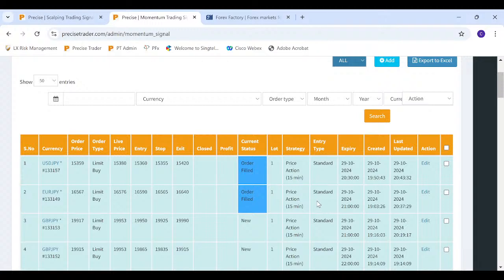Now let's see your euro yen. Since the euro yen is coming off, we got to see whether we need to adjust any levels.